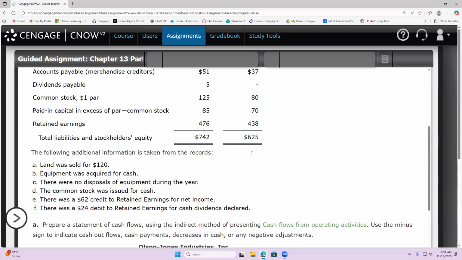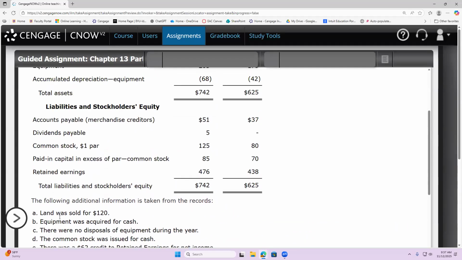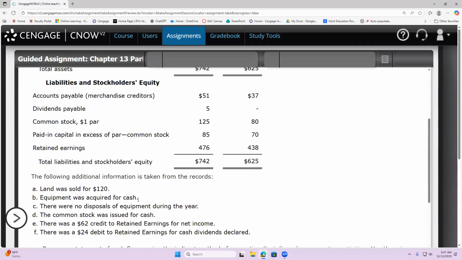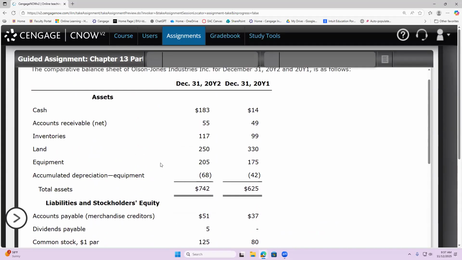Next, we'll see if there was a gain or loss on the sale of land. So we have land sold for 120. Here's our land. We can see land went from 330 to 250. So if I had land at 330 and now it's at 250, that means the cost of the land I sold was 80.